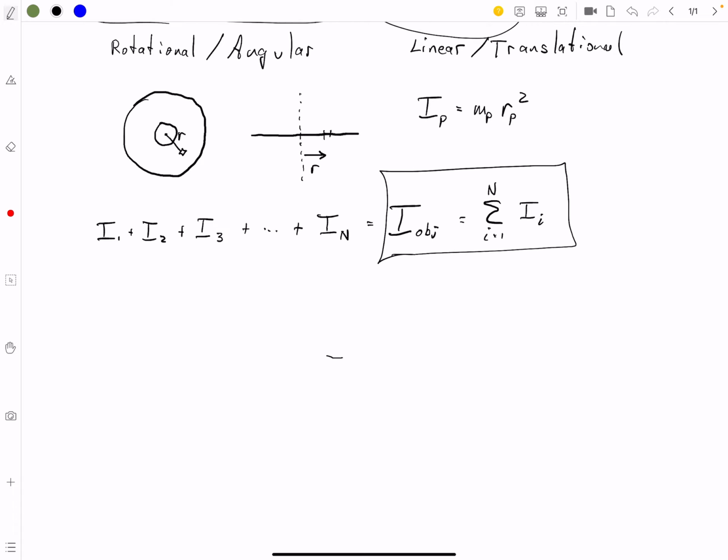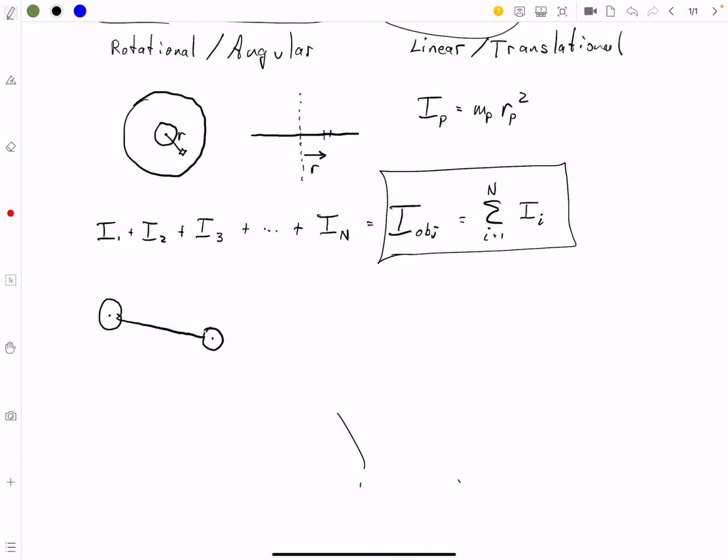We're going to do an example where we have a dumbbell. So we've got a bar, and we've got two masses on the end of the bar, and they're the same size.